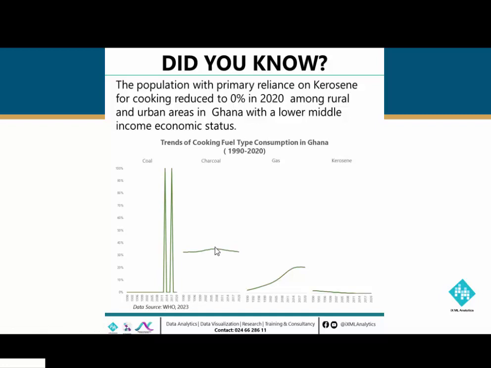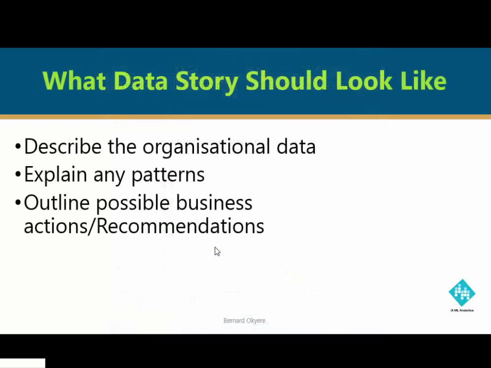If they have to subsidize electricity so we can use ECG for cooking, they do that, because the more you cut down trees and burn, you're affecting climate change, the ozone layer and all of that. So data storytelling should look like this: three simple steps.